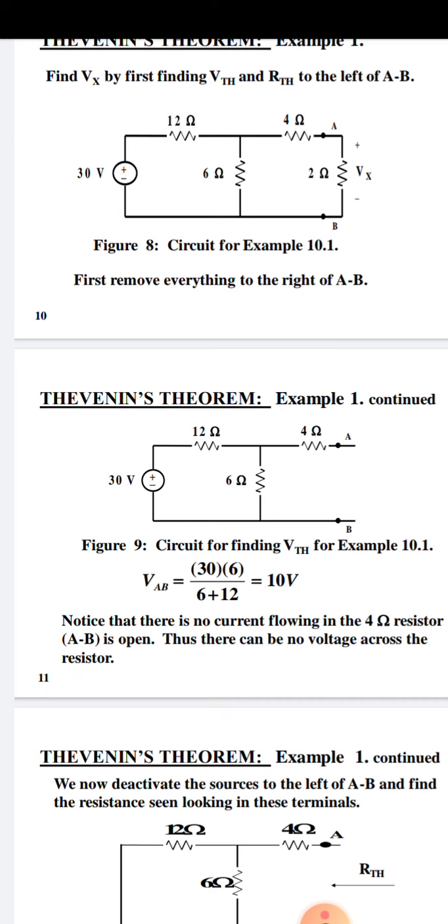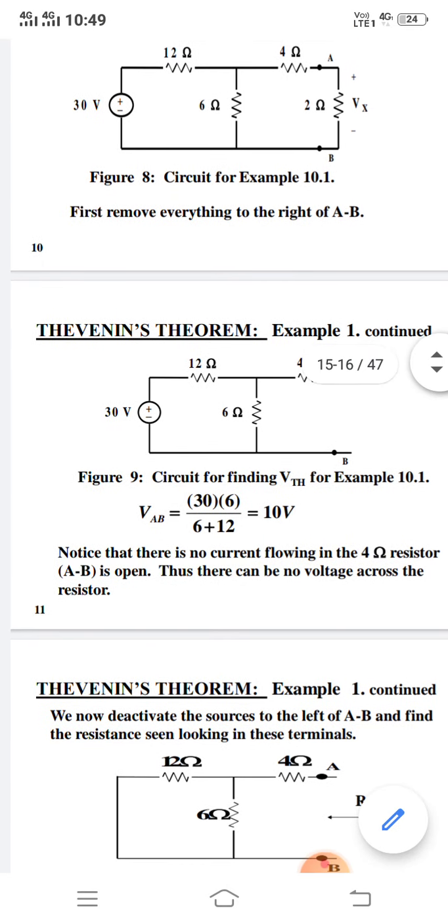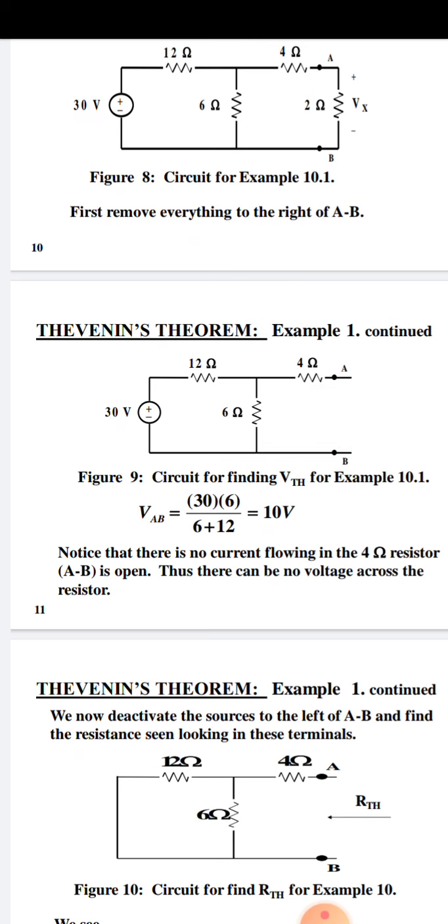So VAB equals 30 volt multiplied by 6 ohm divided by the total series resistance, 12 ohm plus 6 ohm. We get 10 volt from that calculation. Now we have VAB, or VTH, the Thevenin's voltage or VAB node voltage.